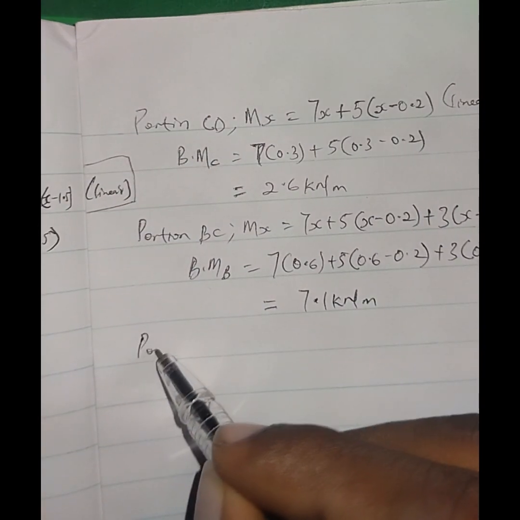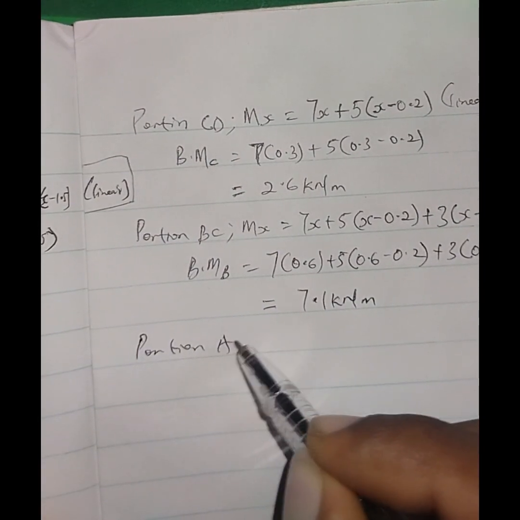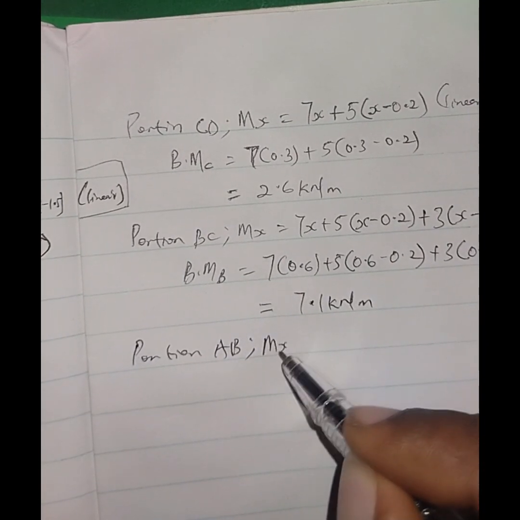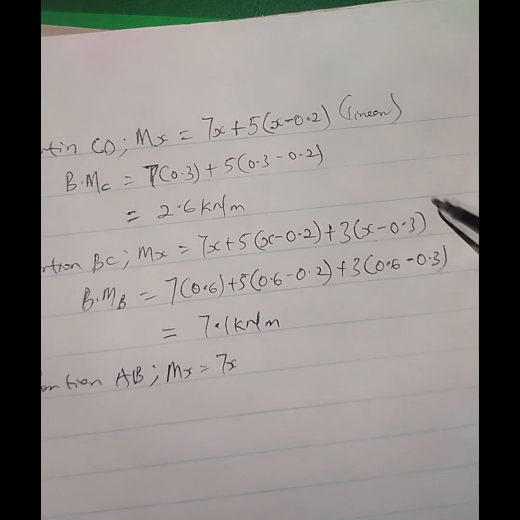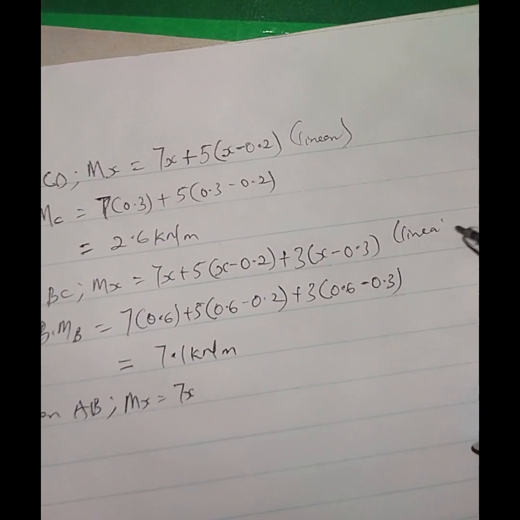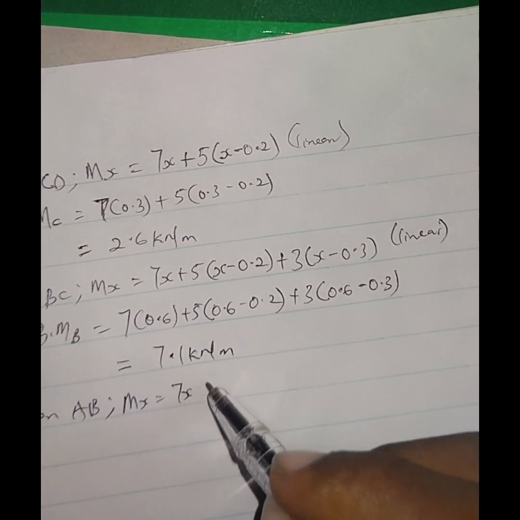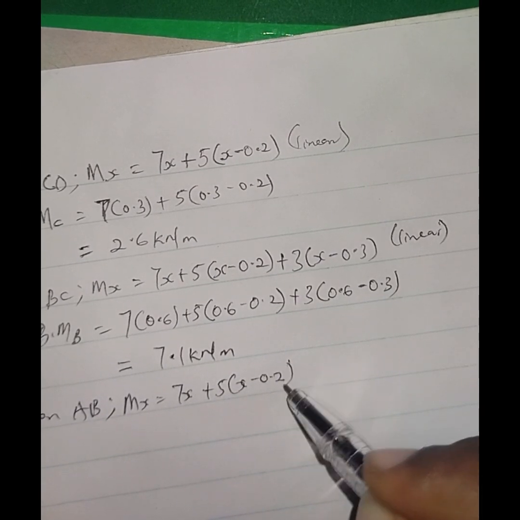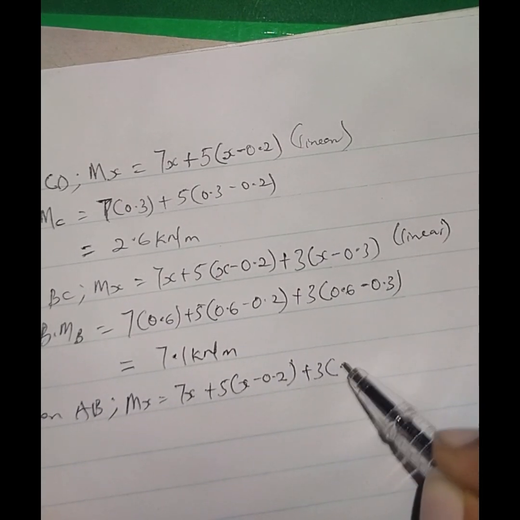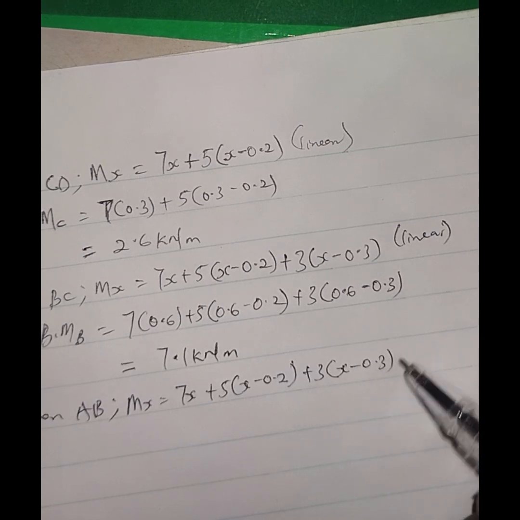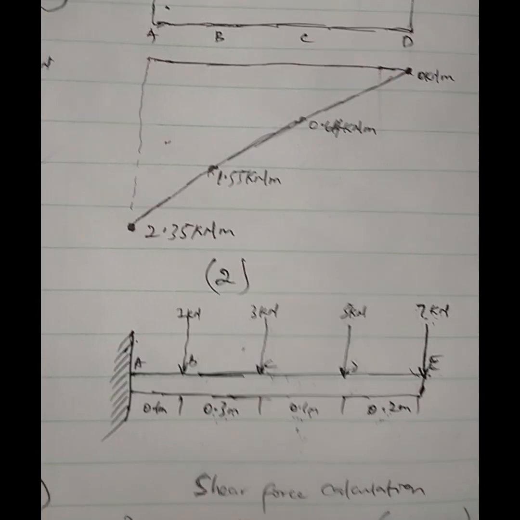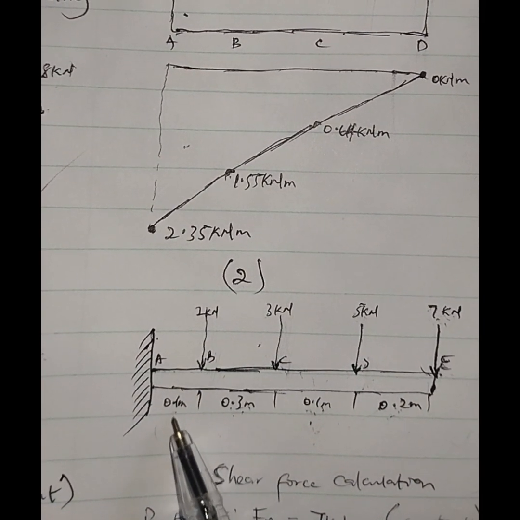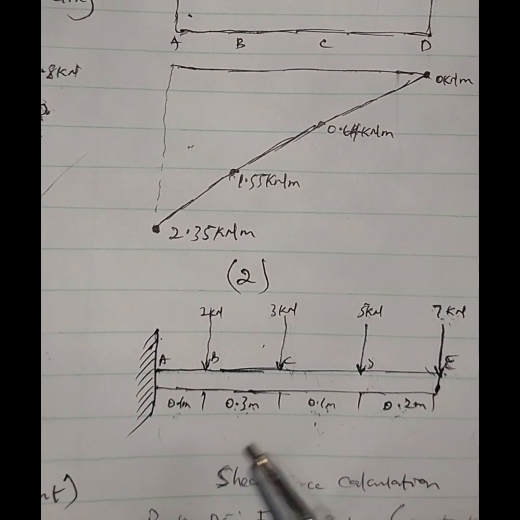So now, question AB. I have M of x is equal to 7x, this is also linear, plus 5 into bracket x minus 0.2, plus 3 into bracket x minus 0.3, then plus, you look at it again, AB, now you can see 2, and I want to get 0.1, so that's just like saying x minus 0.6.